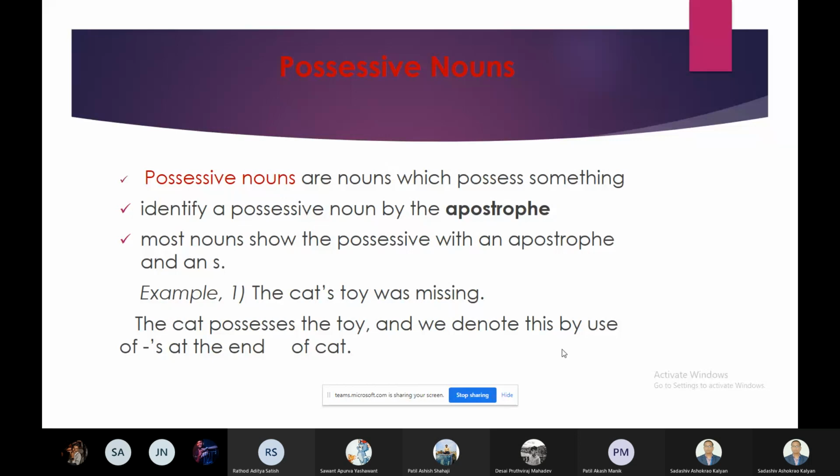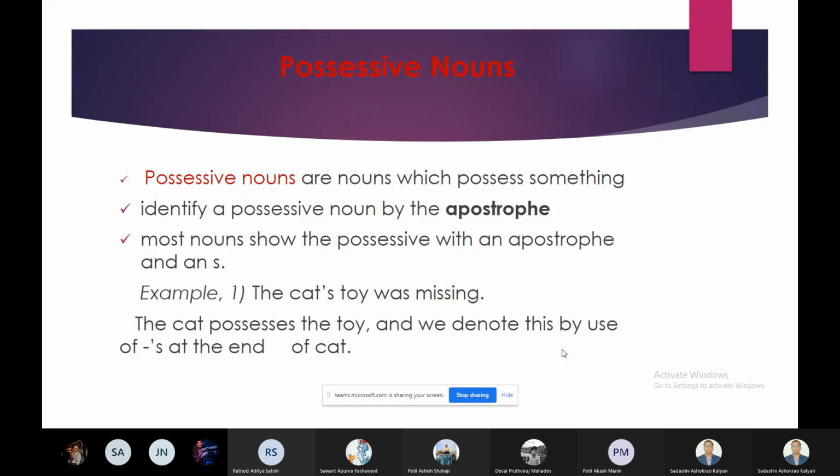For example, the cat's toy was missing. Here the cat is the possessor, and the toy is what is being denoted. We are adding the apostrophe and s at the end of the word cat.